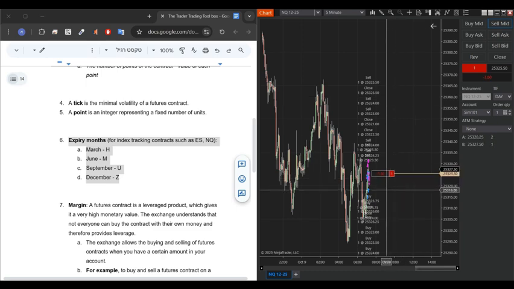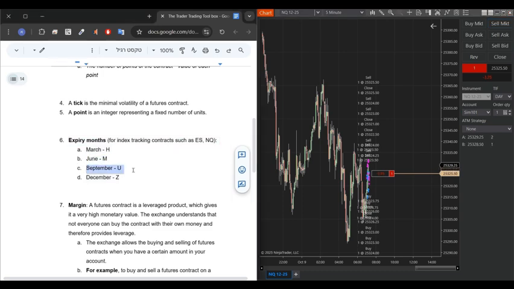As you can clearly see, we have 4 expiration dates. We have an expiration in March, June, September, and December. As you can see, we are now in the very last quarter of the year, and therefore we see a contract whose expiration date is in the month of December right now.